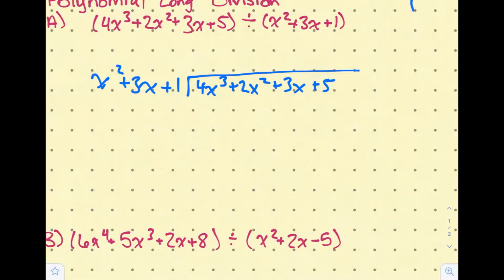So x squared goes into 4x cubed 4x times. I'll then multiply the whole divisor by 4x.